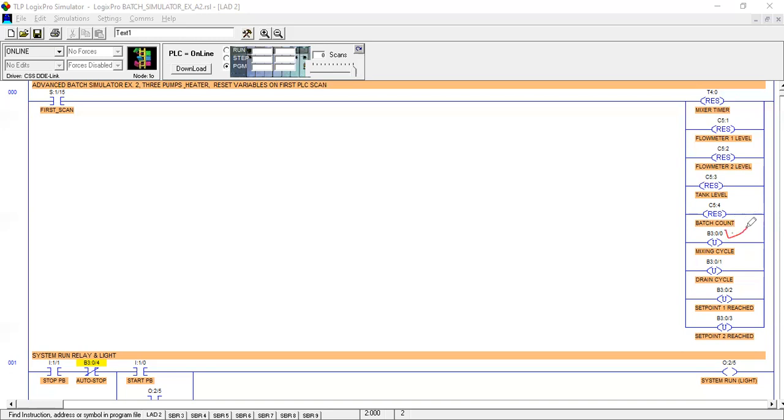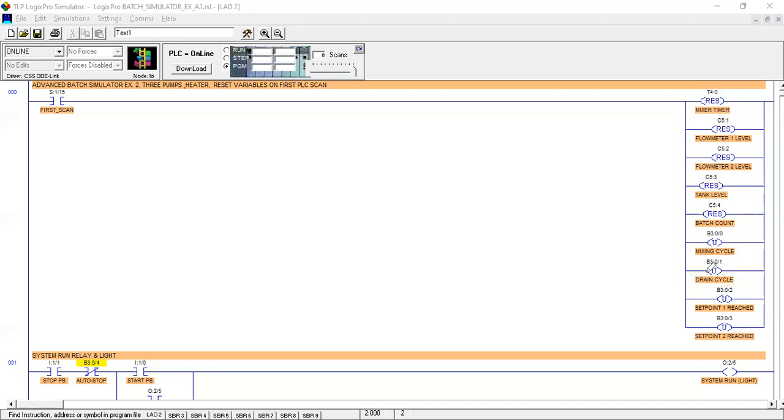This is the unlatch instruction, which unlatches the mixing cycle. After mixing the cycle, it will stop the mixture with this instruction. And this is the unlatching instruction for our drain cycle.